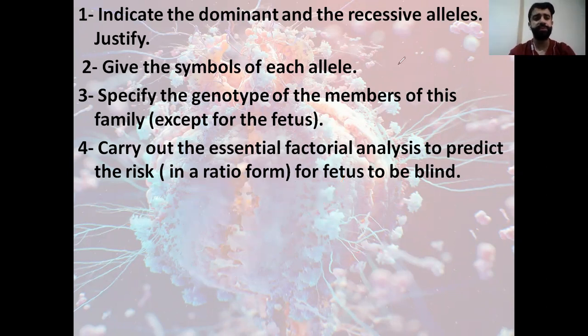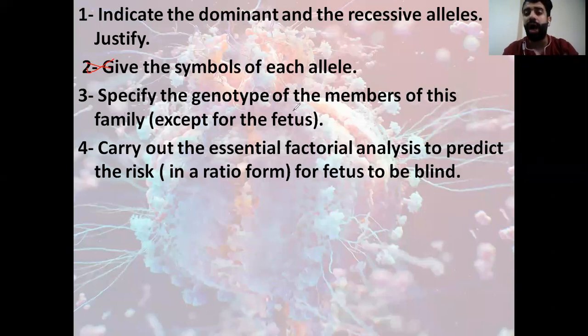Another note. In this part, I told you indicate the dominant and recessive allele, justify. Part 2, I told you give the symbols of each allele. Sometimes, in most of the questions, I'm going to delete this part. I tell you identify the dominant and recessive allele, then moving to the third part immediately, I will ask you to specify the genotype of the members of this family except for the fetus.